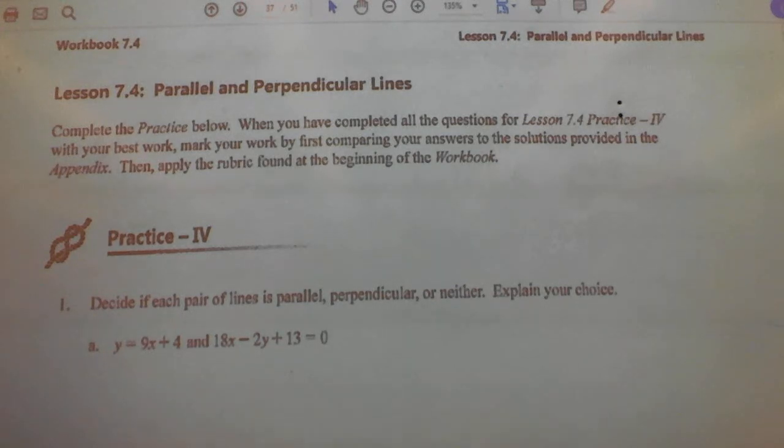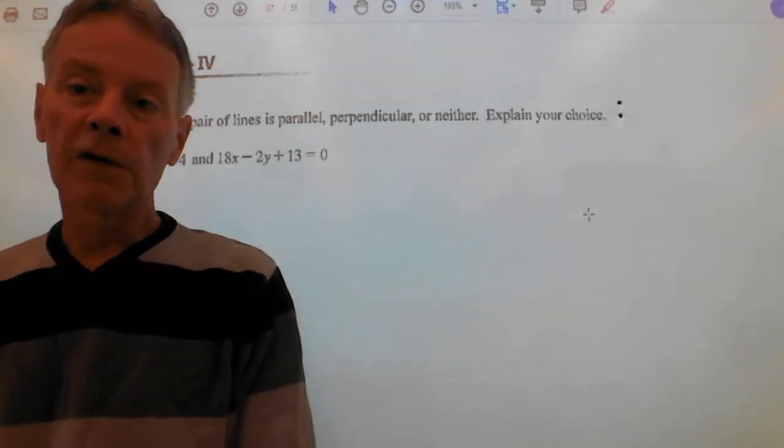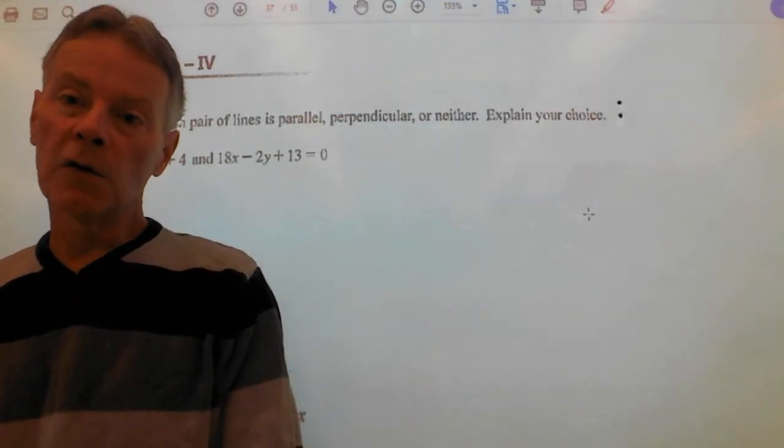So the first question is just going over whether or not you know how to figure out whether lines are parallel, perpendicular, or neither.